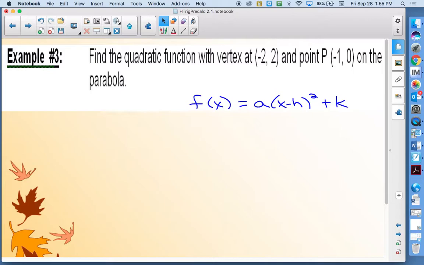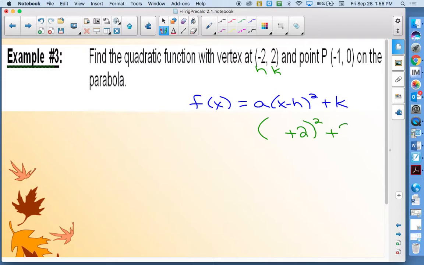So if you have a vertex, what does that represent? Chelsea? The h and the k. So hk. Chelsea, if it is -2 in the equation, it would be +2 for the h. The k is already +2, so that would go outside.